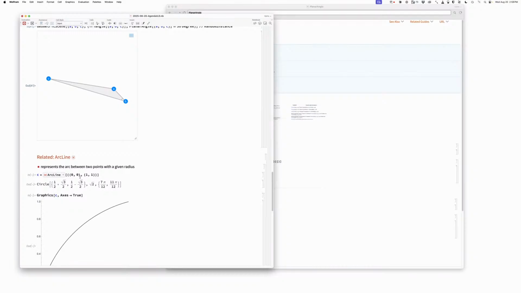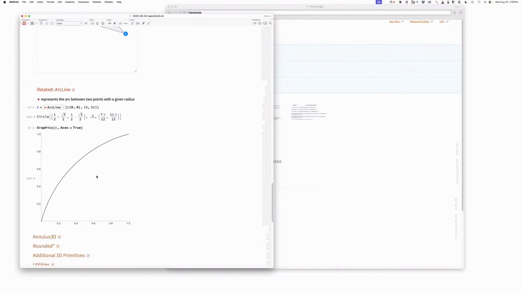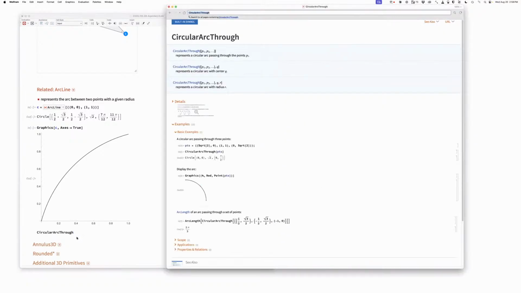Why isn't this just circle or circular arc through? It's basically a convenience for generating a circle. I mean, obviously the output is a circle here. But wait a minute, is there a circular arc through? Yes. So then what's the problem? I don't understand why this isn't the same thing.